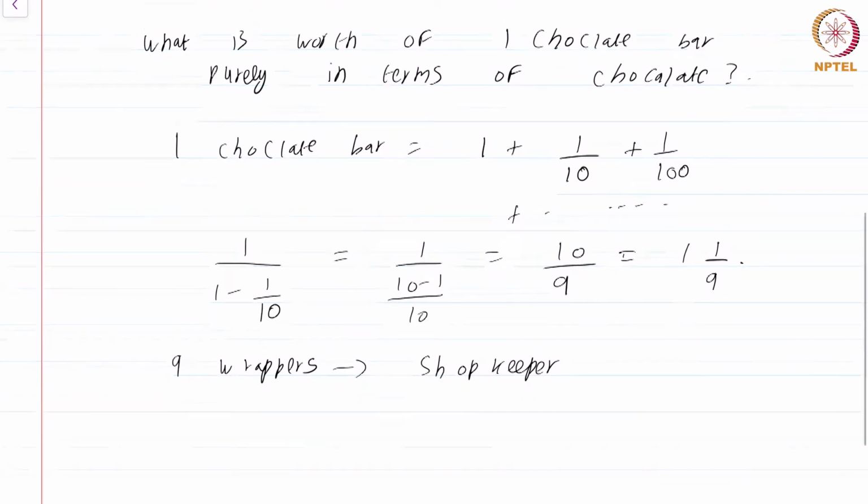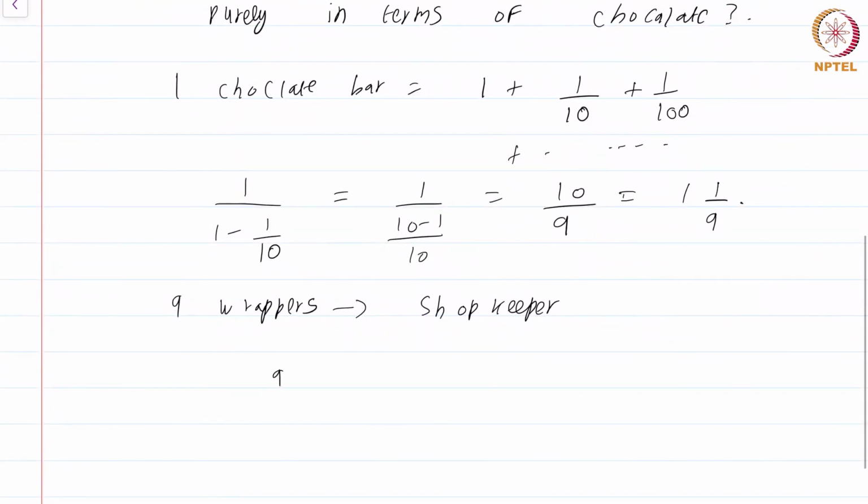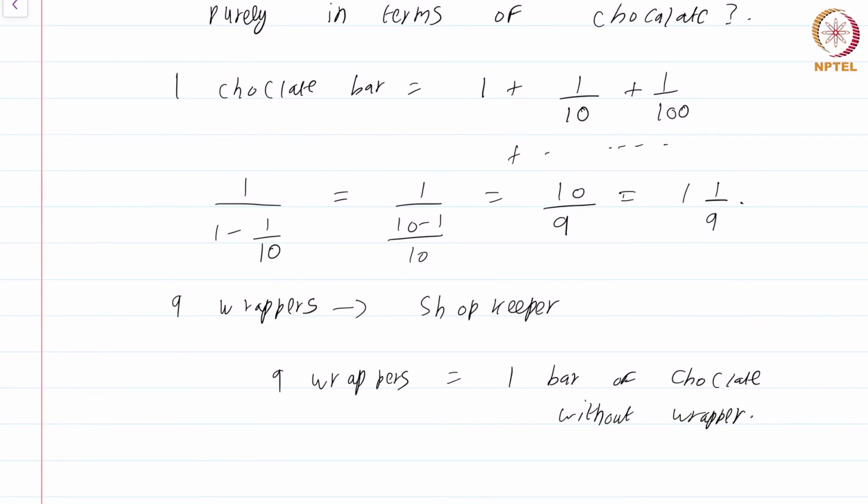So what do we get? We get that 9 wrappers is in fact equal to 1 bar of chocolate without the wrapper, because you return the wrapper to the shopkeeper. So in terms of pure chocolate, not the wrapper, 9 wrappers is 1 bar.